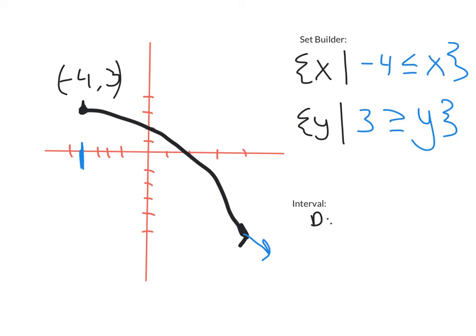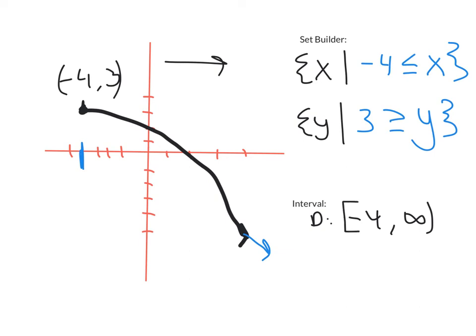The minimum x can be here is -4, and it goes off towards positive infinity, right? It goes off this way to the right. That tells us that we're going off towards positive infinity, which will always end in a parenthesis there, and is -4 included? It is, so that means that we are going to be using a bracket.